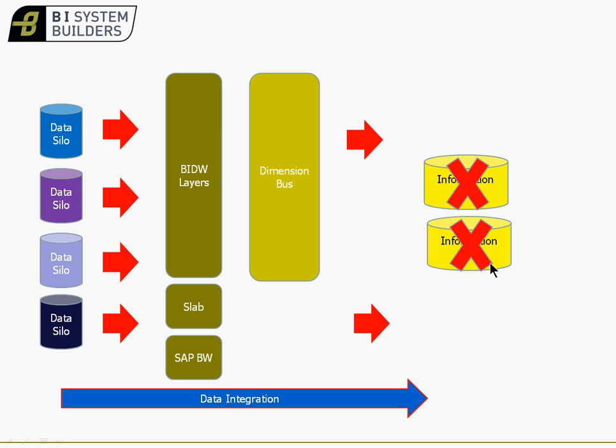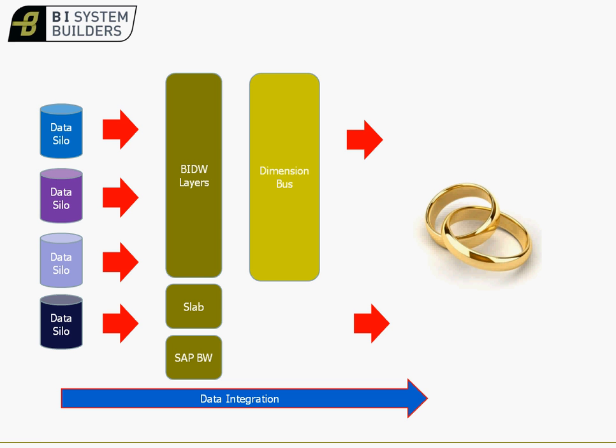We spent a whole lot of money integrating all this data together to get it cleaned, get it joined up, and then it comes out in standalone data marts that don't speak to each other. Now there may be some cases, there are always exceptions, but generally we don't want business intelligence silos. We want joined up data.